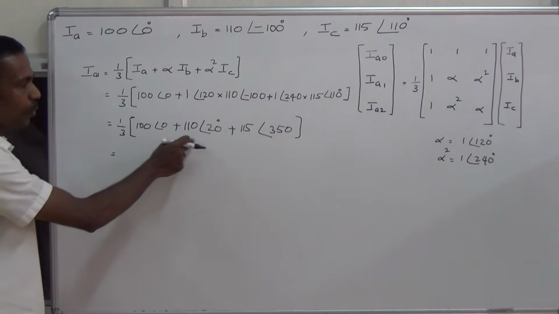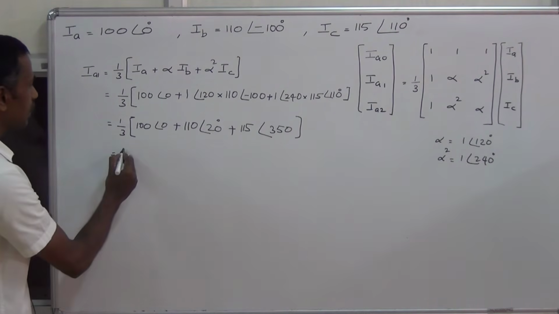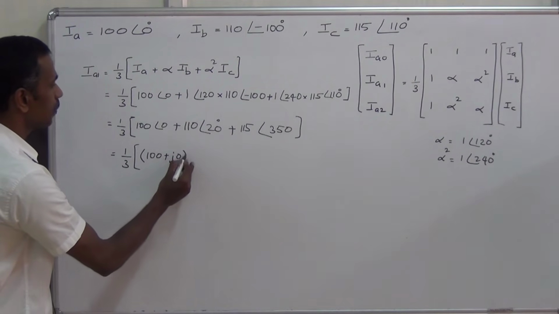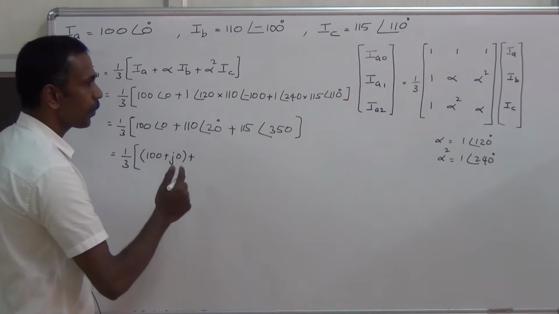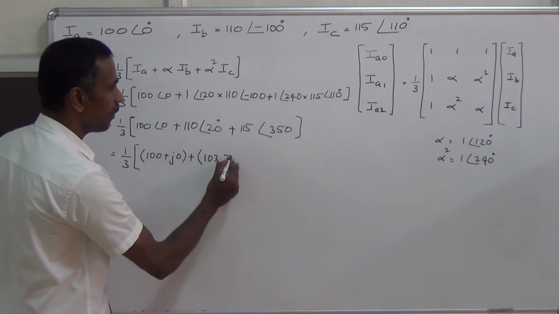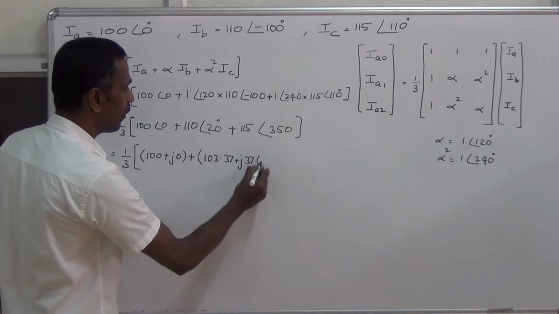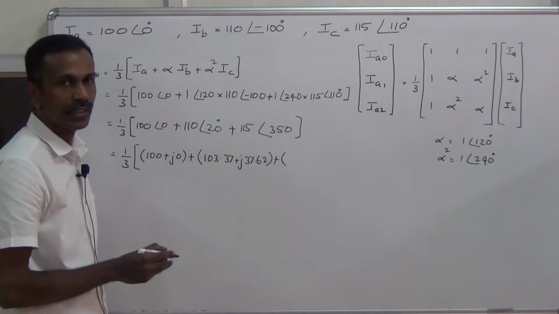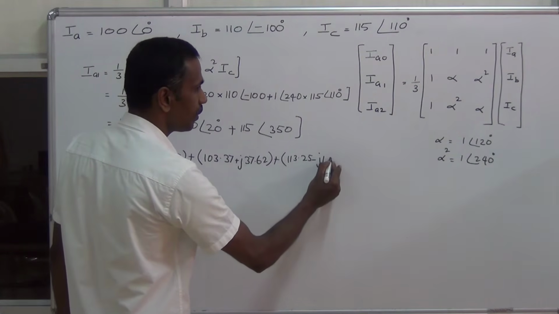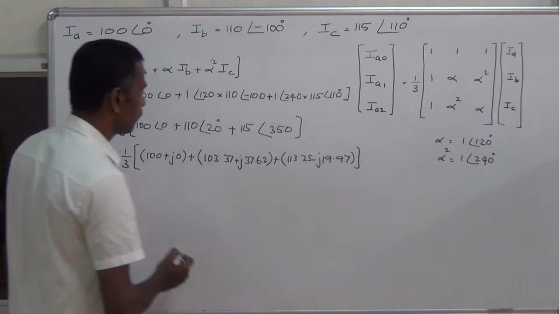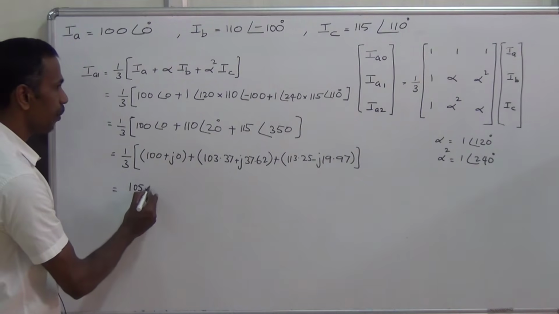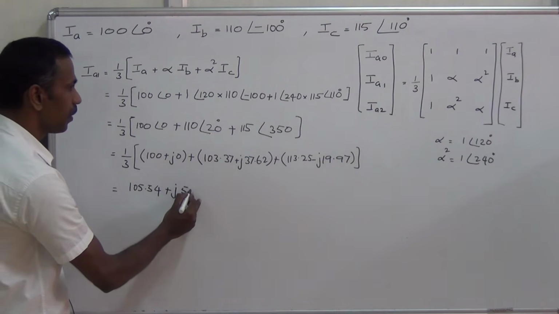Now let's convert these polar terms into rectangular terms, as we have to add the three quantities. This is 100 plus J0, plus 103.37 plus J37.62, plus the last term is 113.25 minus J19.97, and this is equal to 105.54 plus J5.88.